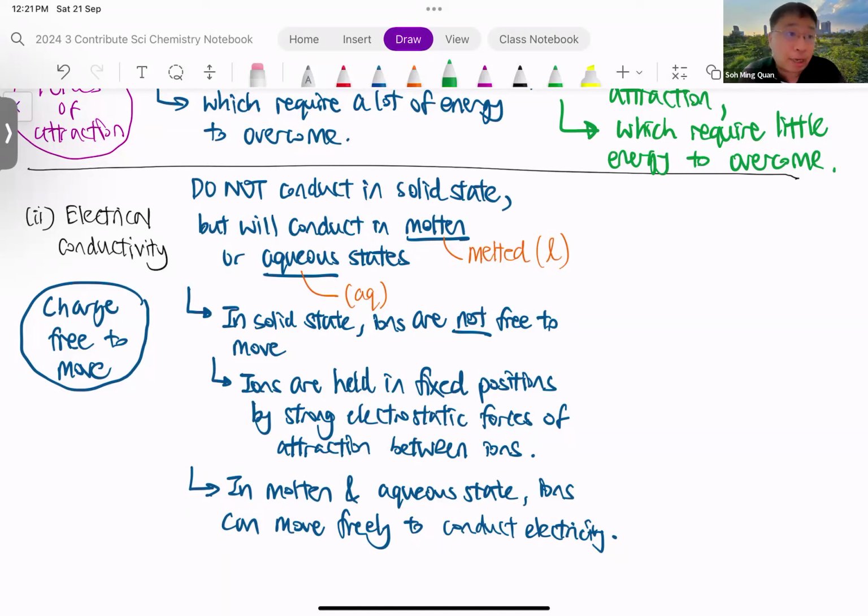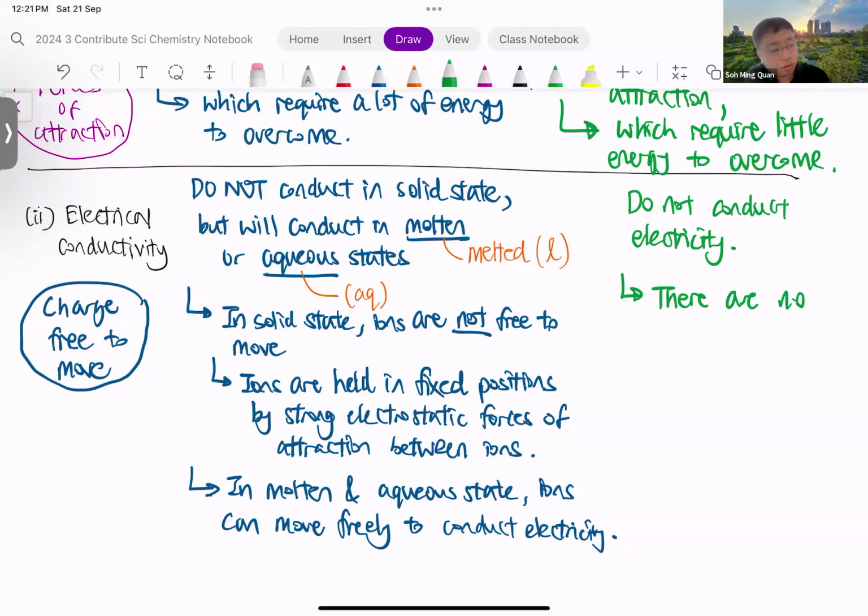For your simple molecular structures, which means covalent substances like carbon dioxide and ammonia, they do not conduct electricity. On their own, they will not conduct electricity. The reason is that there are no free moving ions or electrons.